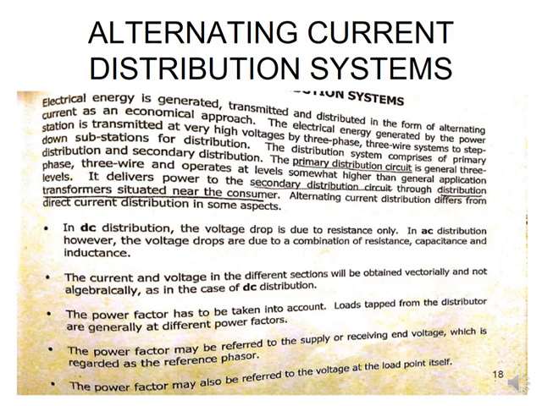Then the power factor may be referred to a supply or a receiving end voltage, so it could be on either one. Then you have to go and get whichever one is not given, which is regarded as your reference phasor in that case. The power factor may also be referred to the voltage at your load point itself.